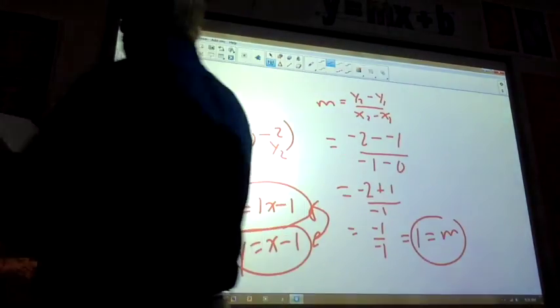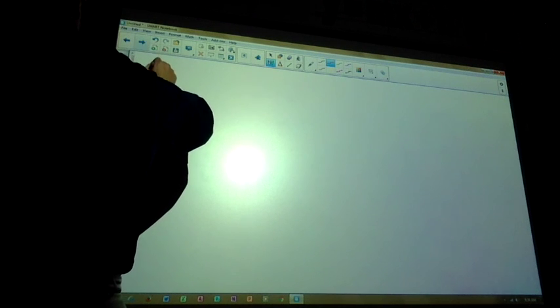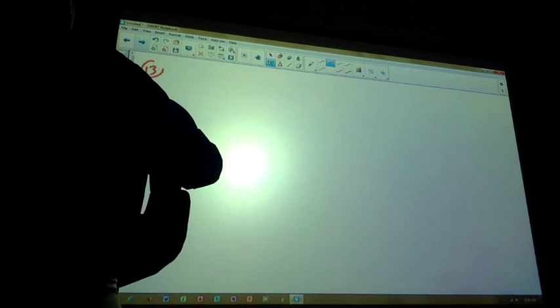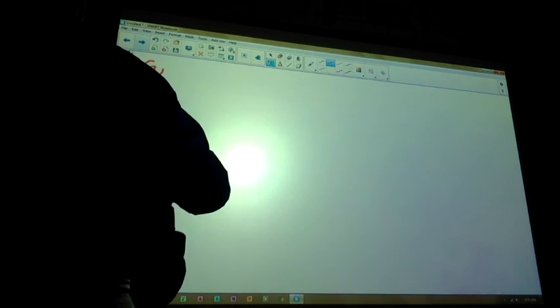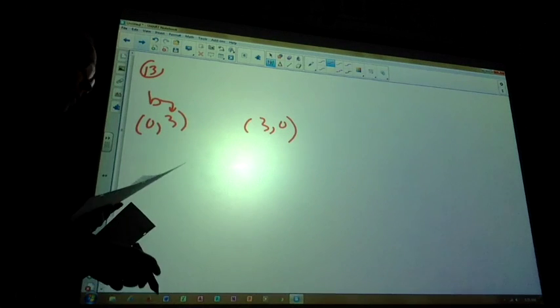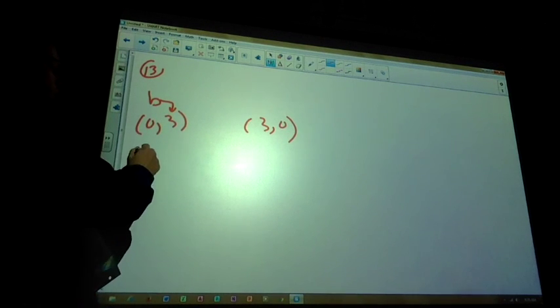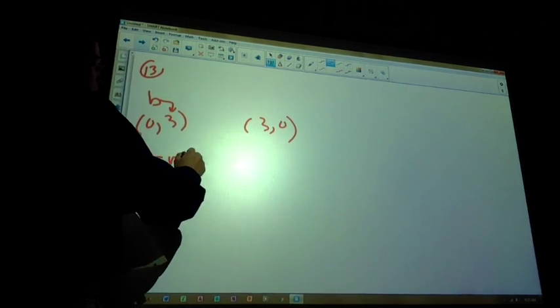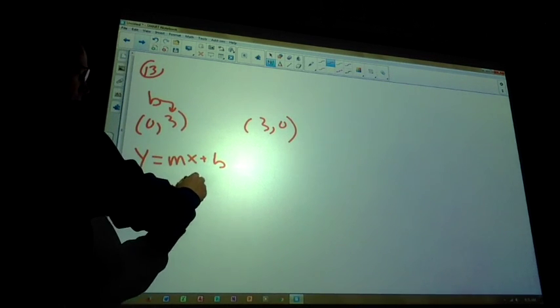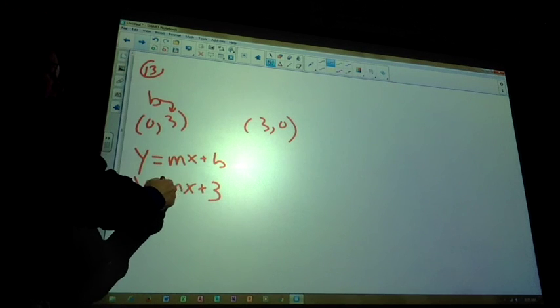All right, number 13. The b value looks like it crosses at 0, 3. So that goes there. And then it looks like another point on there would be 3, 0. That's correct. So I get y equals mx plus b. My b value goes in. And then let's figure out the slope.